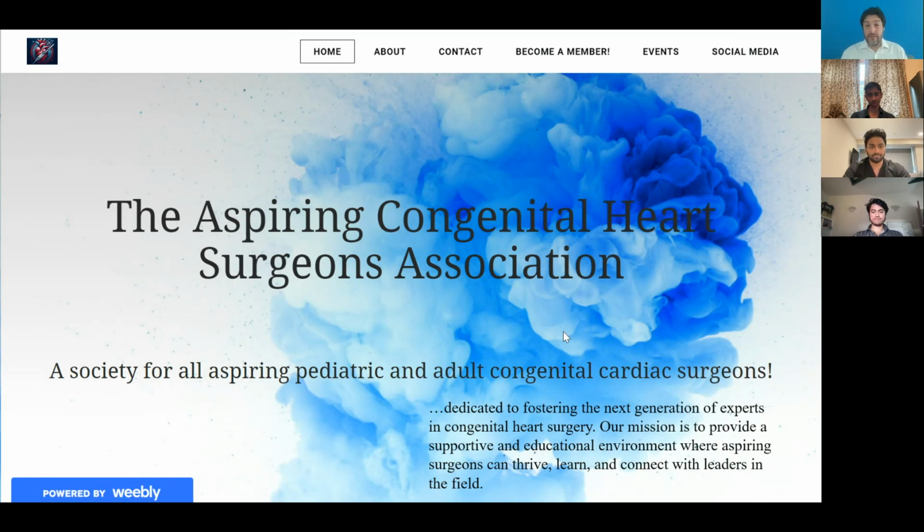So I think we need to adapt to this new world and think in creative ways to keep our work valuable. The mission of this association is to provide a supportive and educational environment where aspiring surgeons can thrive, learn, and connect with leaders in the field, and especially with each other.